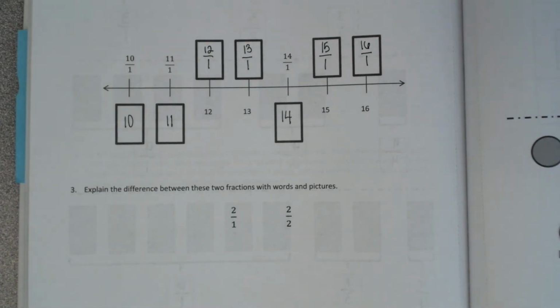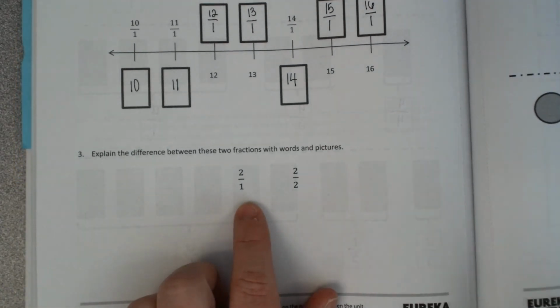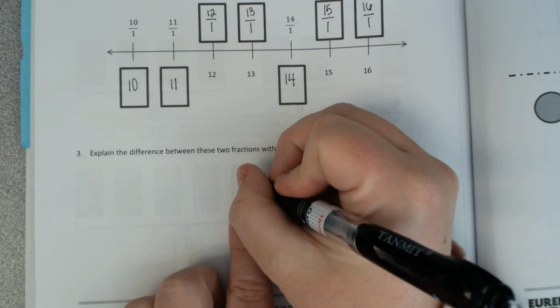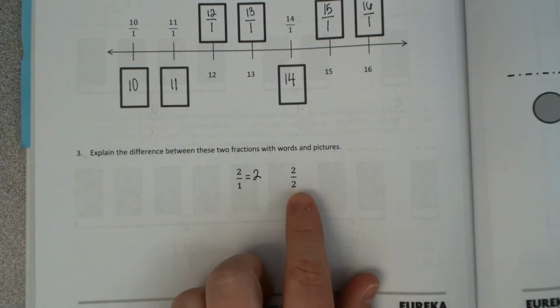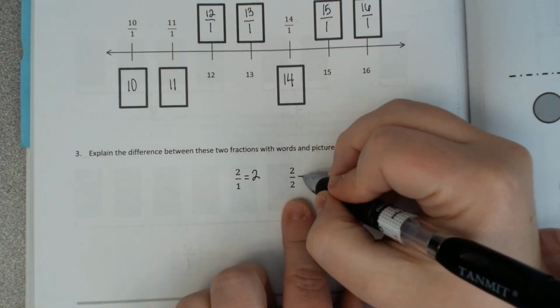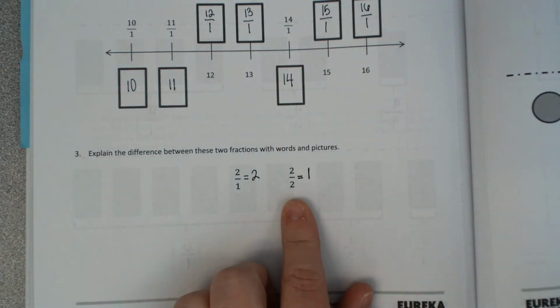Last one says explain the difference between these two fractions with words and pictures. Alright, so we're talking about 2 over 1, which we know that 2 over 1 equals 2. Yes? And we know that 2 over 2 equals 1.